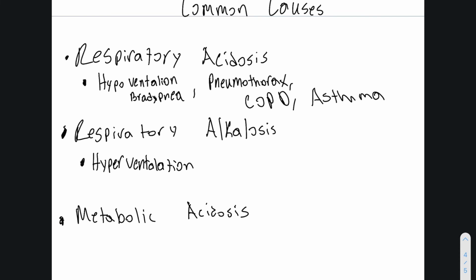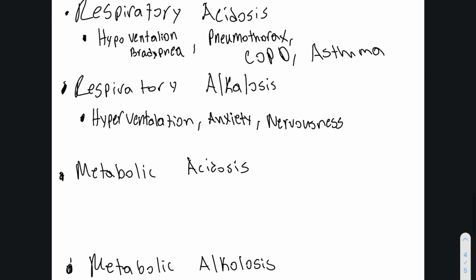So hyperventilation is going to be your main cause of respiratory alkalosis, and that could include things like anxiety, just nervousness, anything that's going to cause you to breathe more than your body can create CO2. Now, you might think exercise, possibly, but typically in exercise, there's something else that makes up for that CO2 loss and maintaining the acidic balance of the blood, and that's your lactic acid. Okay, but don't worry about that. Just know hyperventilation is the main cause of alkalosis.